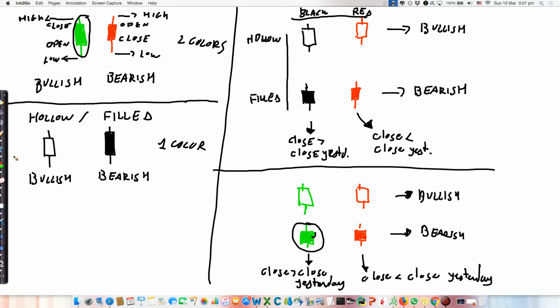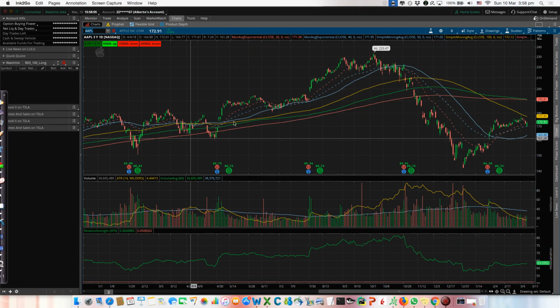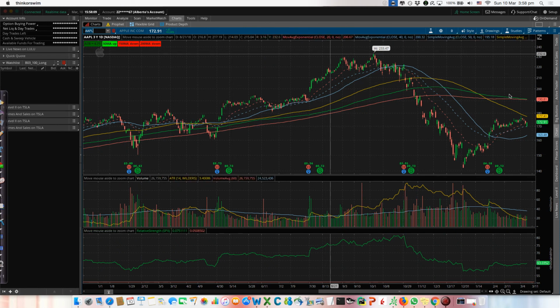Now I want to show you how you can set these different configurations with, for example, Thinkorswim, that is the platform I use, and also with TradingView. So let's go to Thinkorswim. Here we have the setting with just green and red, as you can see.